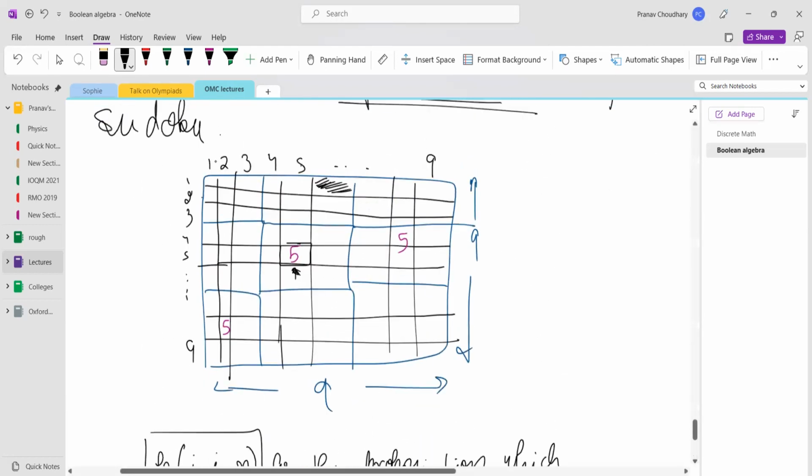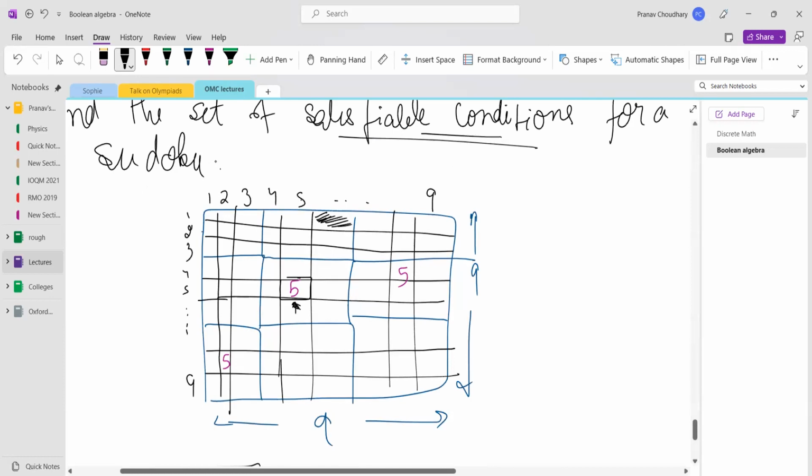Now let's think about what conditions a Sudoku has. The first condition says each row must have exactly all the numbers from 1 to 9, which means there cannot be a repetition of numbers in the row. If 1 is there in the row, then 1 can be there at exactly one place.